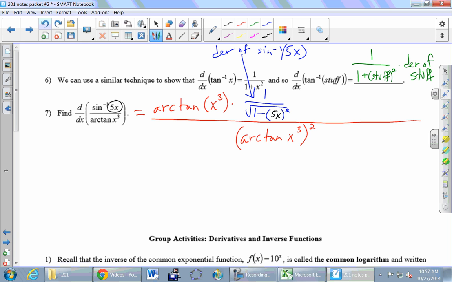But then we're not quite done because the chain rule always comes in and says times the derivative of the stuff. What's the derivative of that 5x? 5. So that right there. So all of this is the derivative of inverse sine of 5x.